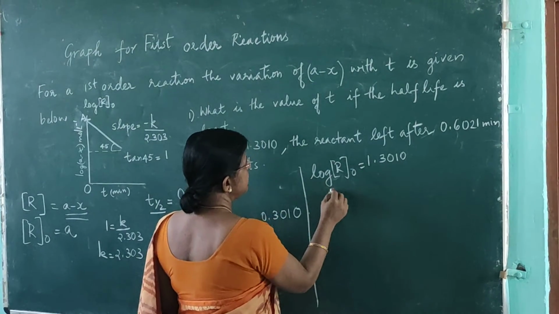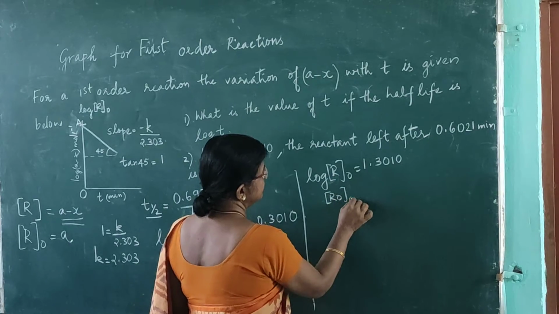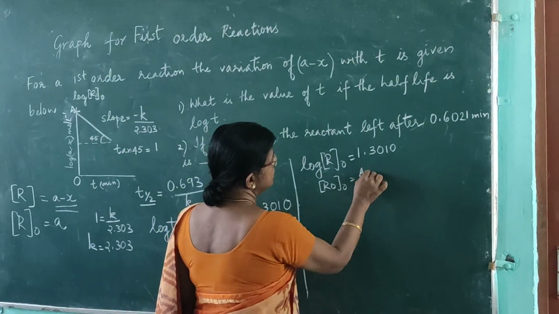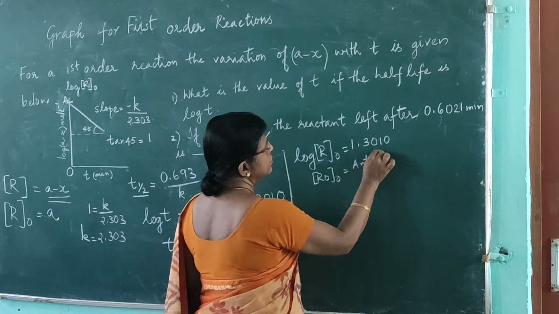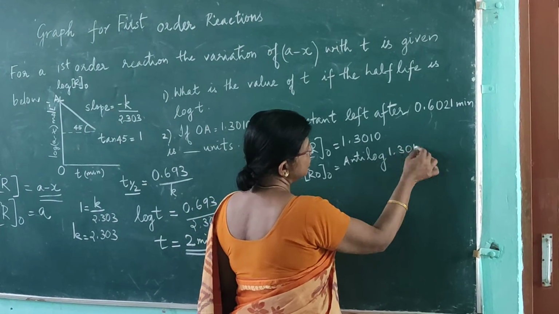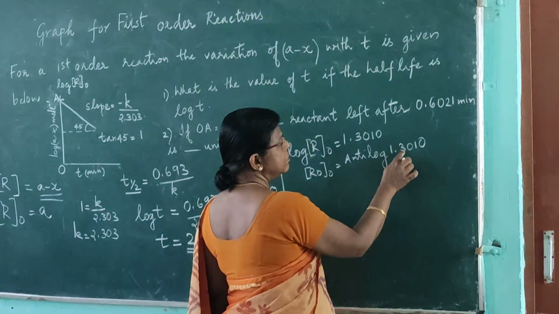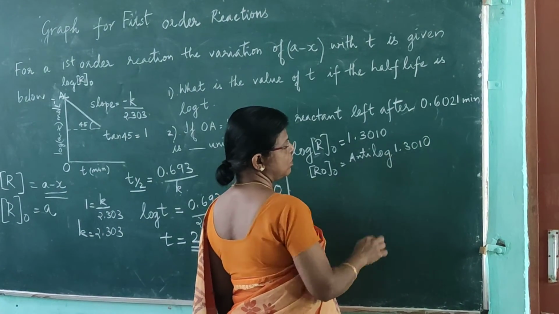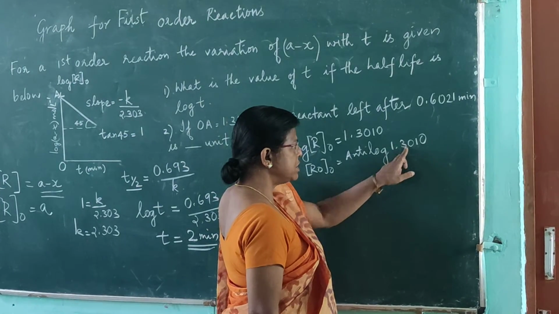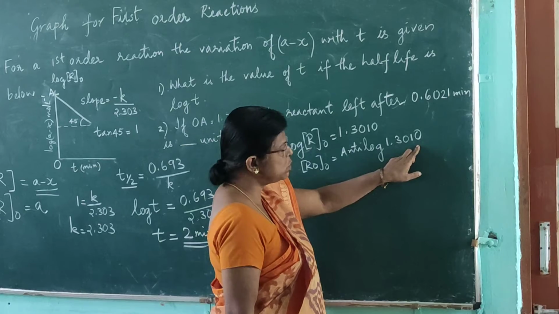From this we will get r naught as the anti-log of 1.3010. You know the log value: 0.3010 is the log of 2.